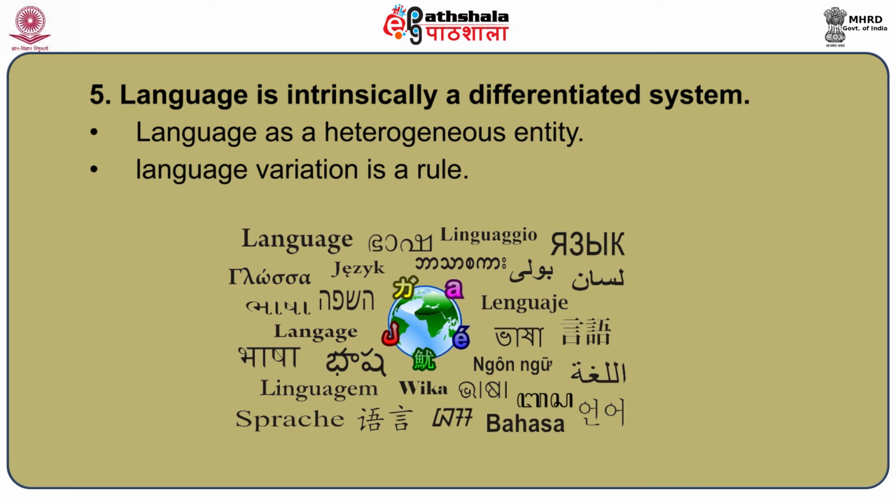The fifth part, language as a differentiated system. What does it mean? Language as a heterogeneous entity. This assumption stresses the fact that language variation is a rule rather than an exception to the natural condition of language. In this context, some scholars like Weinreich, Labov, and Herzog have asserted that the very absence of language variation would make language dysfunctional.